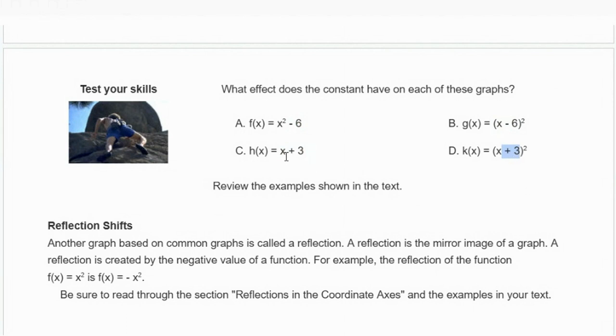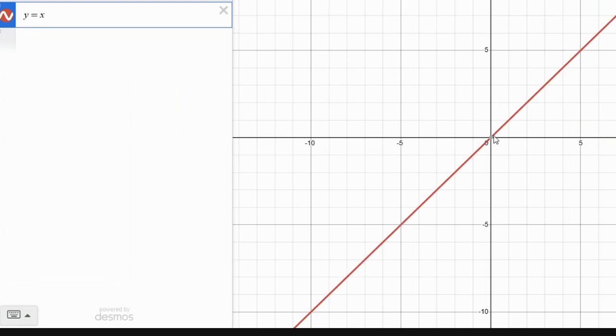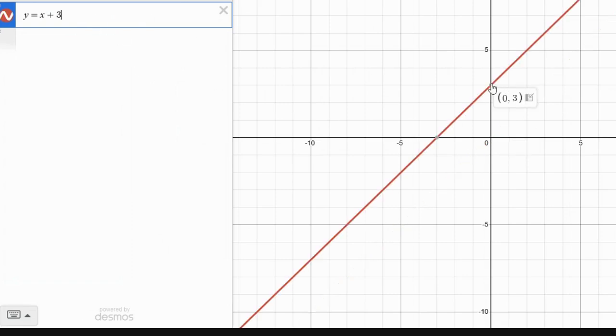And you think about that, it's like, well, how do I know this isn't moving left 3 since it's with the x? Because if you put it in parentheses, it'd be with the x. Well, that's a good question, because then y equals x would just go through there. And if I add 3, I'm raising it up 3. So how do I know it didn't just move it to the left?